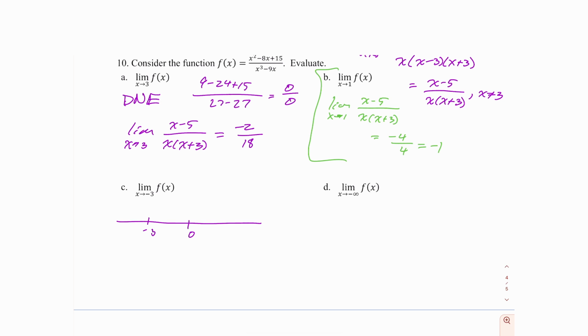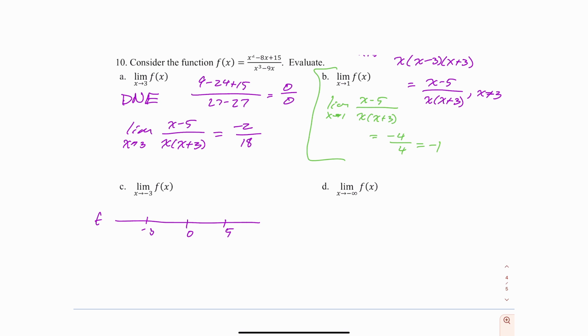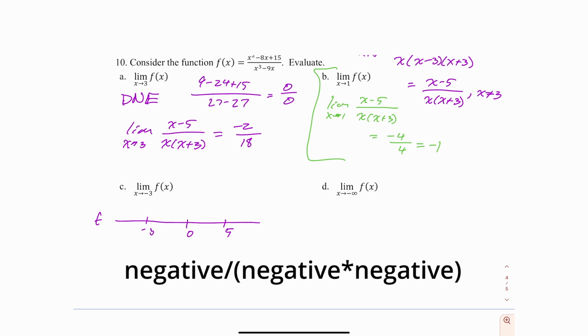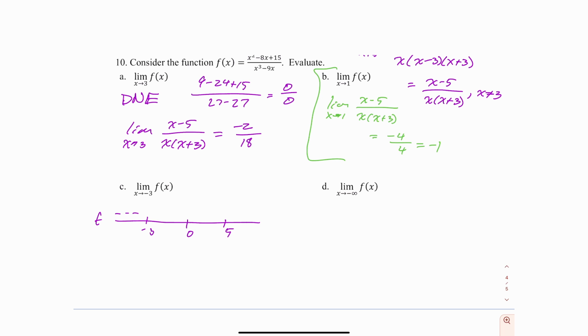Negative 3, 0, and 5. So this is a sign chart for f. If I plug in negative 1 billion, I get negative over negative, negative, negative, 3 negatives, so negative. Everything is first degree, so there's always going to be a sign change. It's one of my favorite properties to use for these sorts of things, or you just keep plugging in.